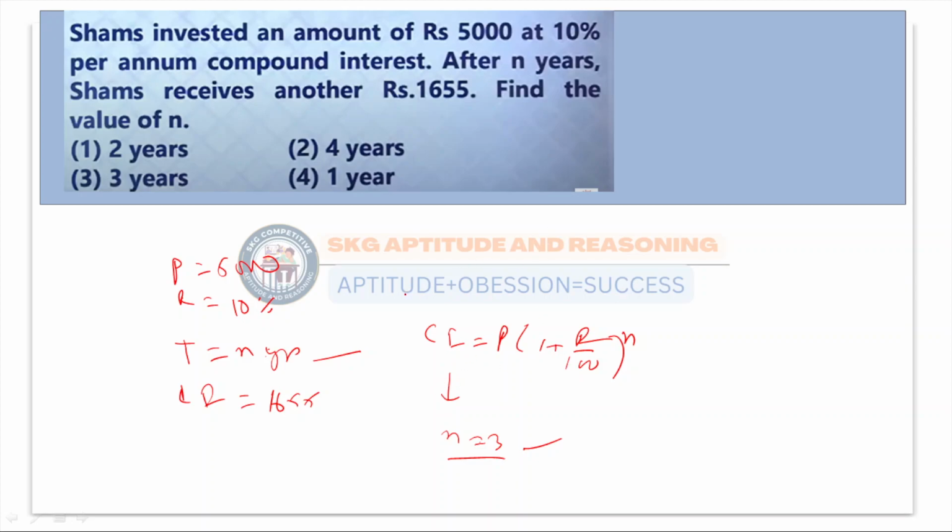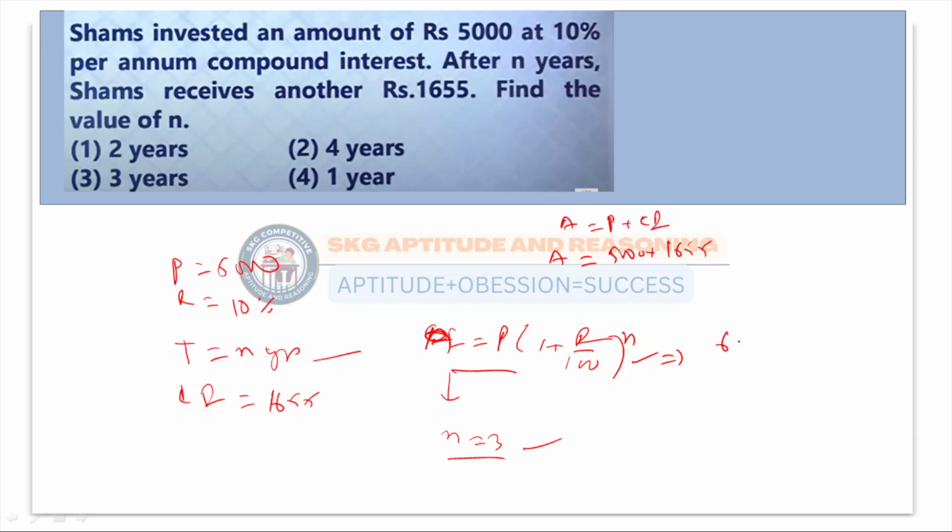The formula for CI here. So directly we have the formula for amount, A equals P times (1 plus R by 100) to the power n.